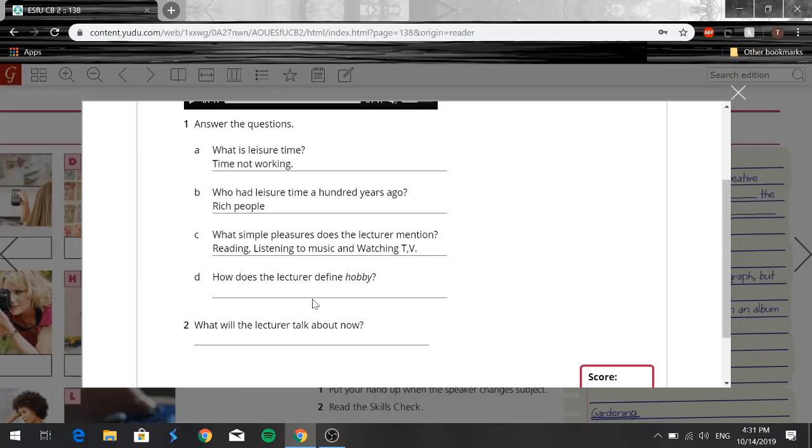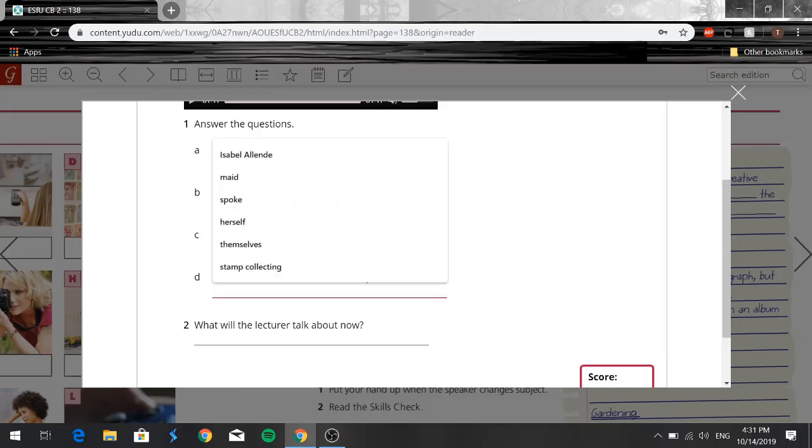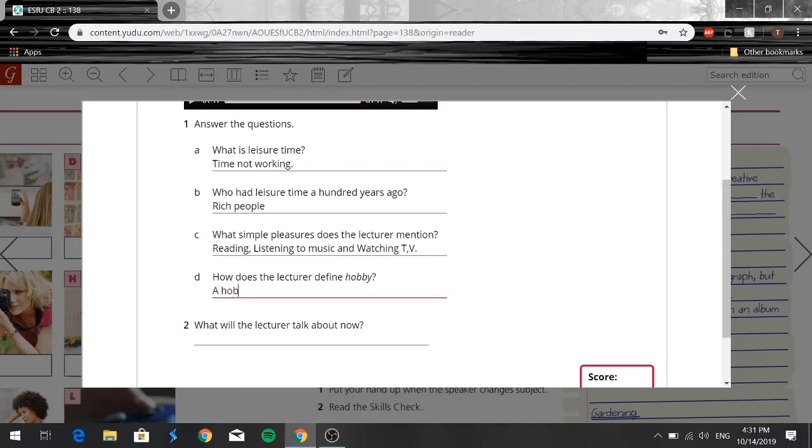So we'll say a hobby is a free time activity that's creative and that also involves making something. That's it, yeah, making something.